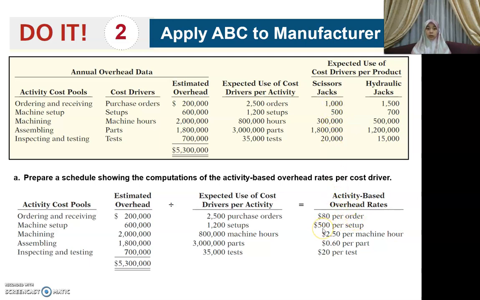And then for machine setup, that will be 500 ringgit per setup times 500 setups that you have. And then you do the same thing for all the rest of it. So you need to multiply this figure with all these figures respectively, right?